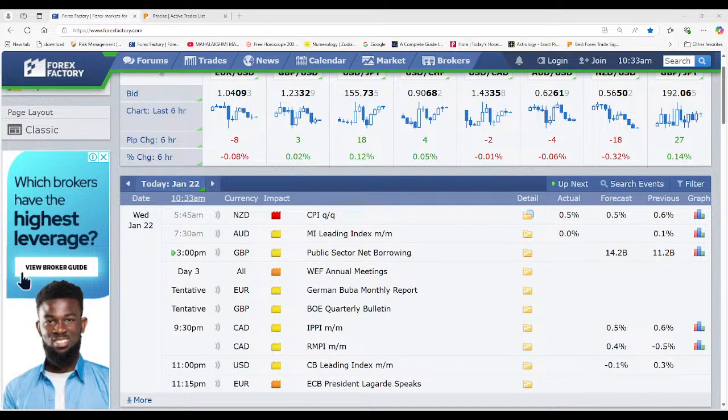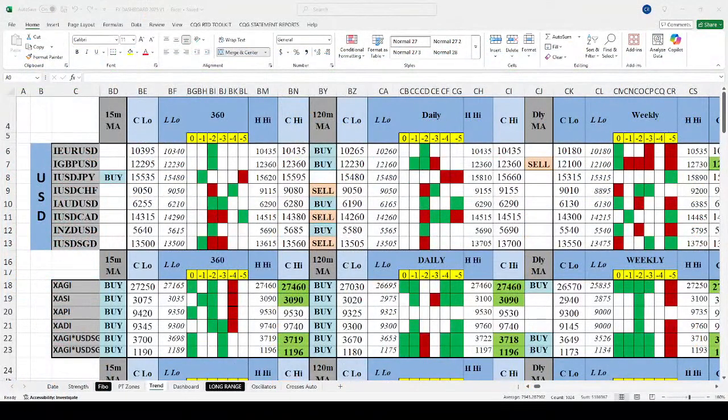Forecast was 0.5 and came out at 0.5. So no data out. With that we move on to our live analysis. Let's start off with euro.